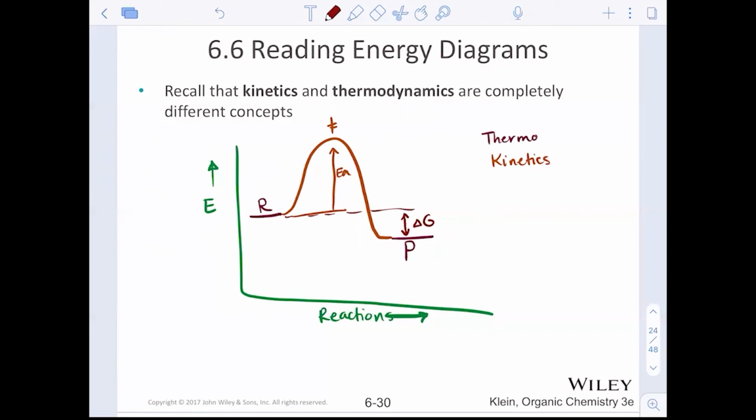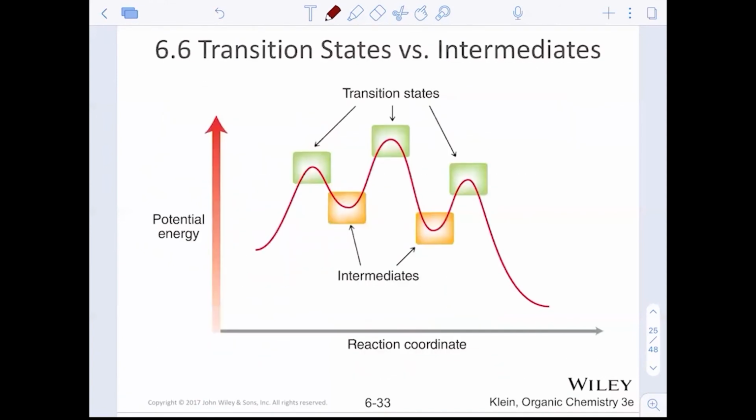Whatever we're looking at, thermodynamics and kinetics is a holistic view of understanding a reaction. So we're going to look at these reaction coordinate diagrams a lot in class, but what I would say is let's make sure that we can read them a little bit better.